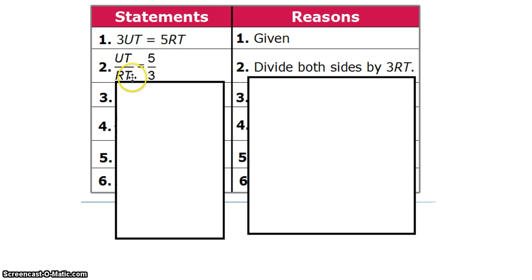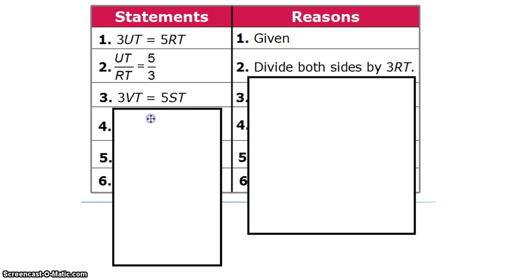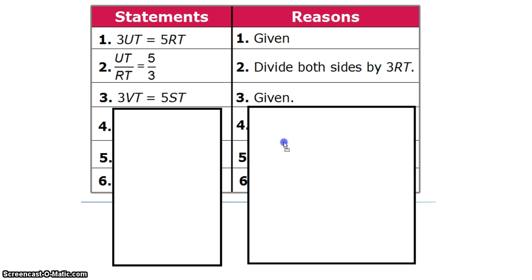So what do you think they're probably going to give next? The other given, which is what we were just looking at, right? And so there it is: 3 VT equals 5 ST, the other given. Now, don't say it. What will we divide both sides by? Don't you want to get the 5/3 by itself?